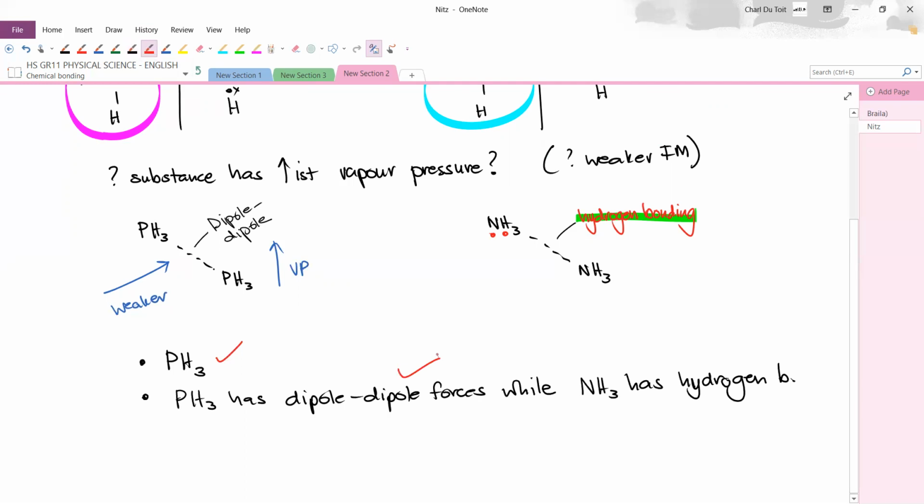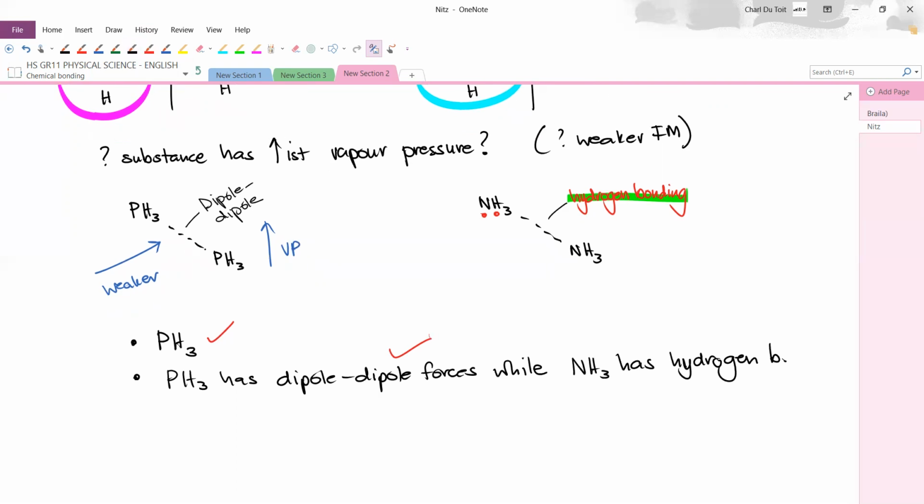Then you must state an energy component or a strength component. The hydrogen bonding, I'm just going to do shorthand, is higher strength, is stronger than the dipole bond.